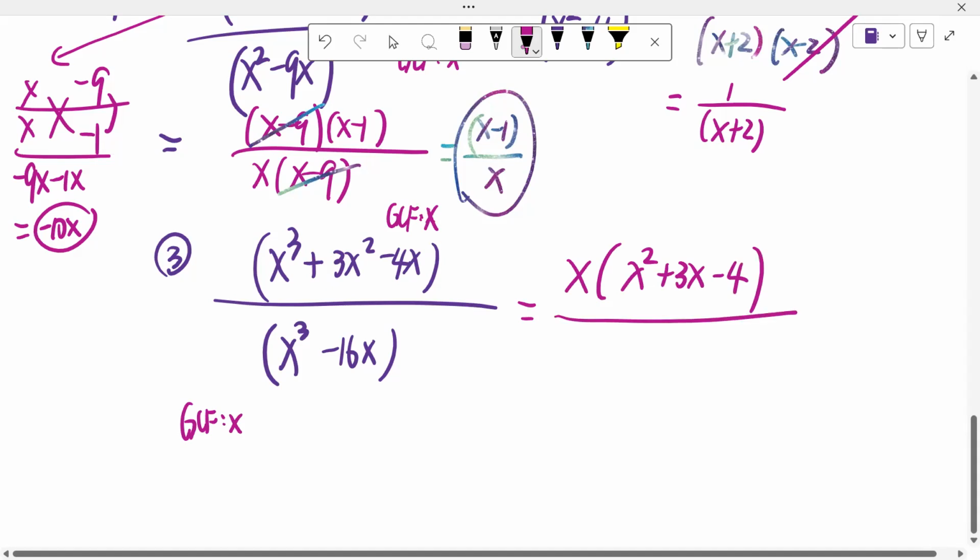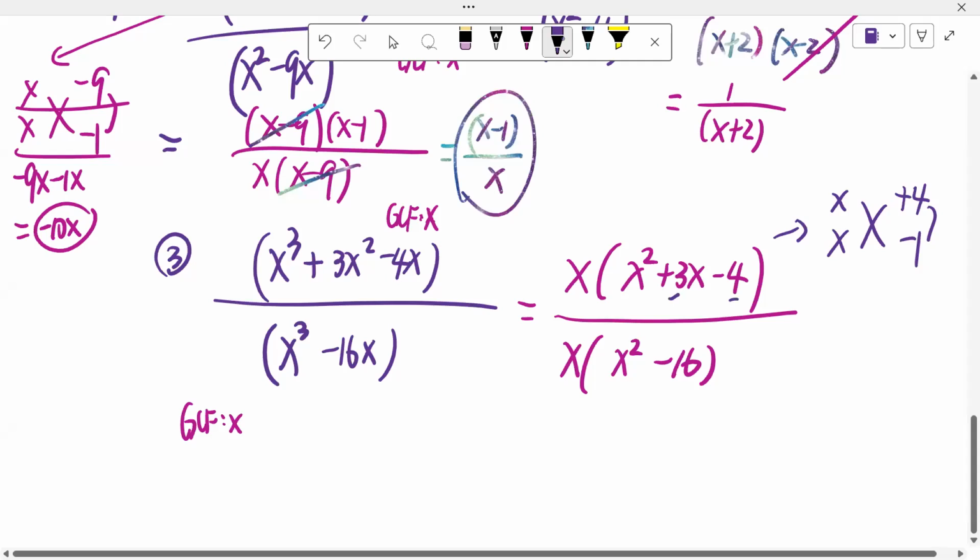For the bottom, when you factor out x, now we get x squared minus 16. The top is a trinomial, so we're going to factor as x, and it's going to be +4, -1. Multiply them, you get -4. Adding them, you get +3.